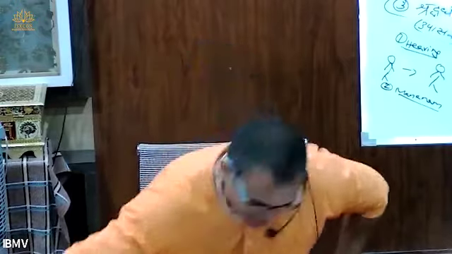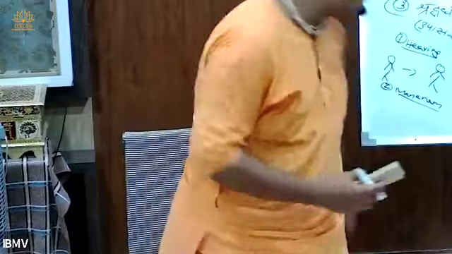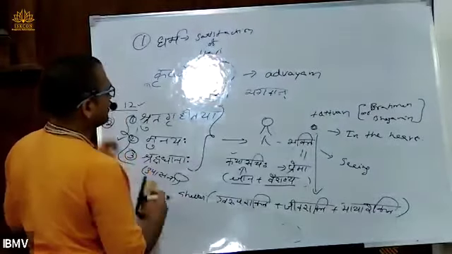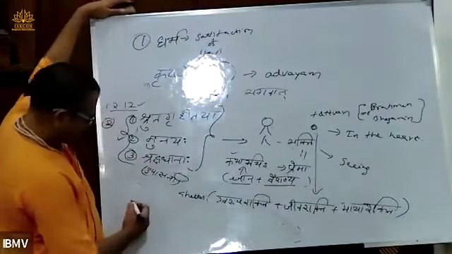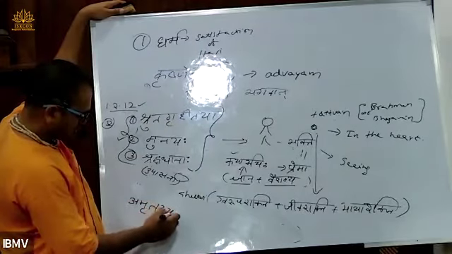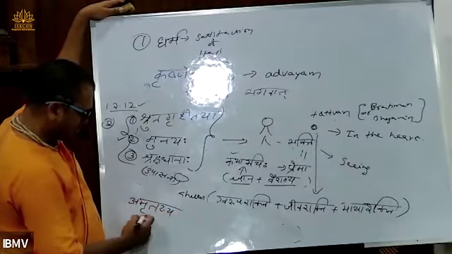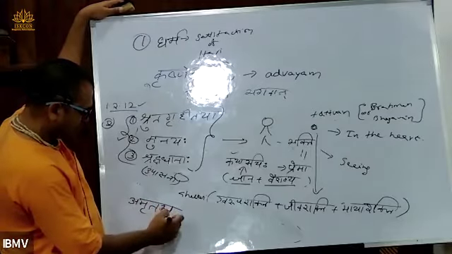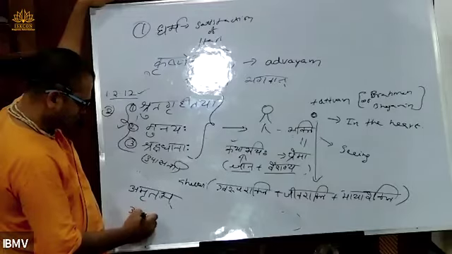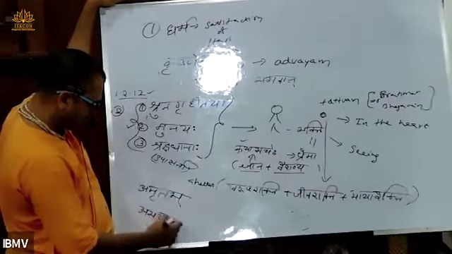So what is said? He is the controller of Amrutam, Amrutasya Ishaha, and also Abhayam and Kshemam.